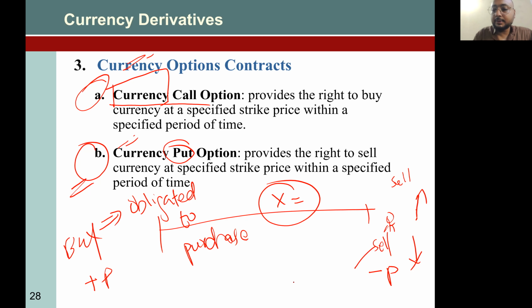And seller has the choice to sell. This is the opposite of call option. But remember, these two are two different contracts.